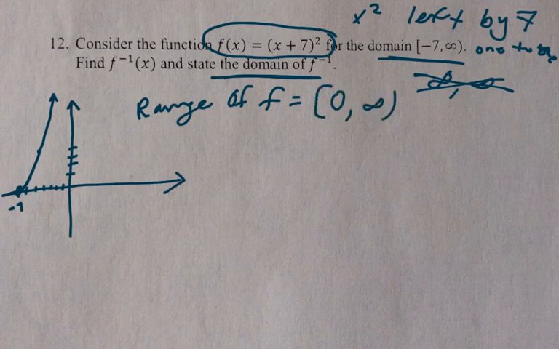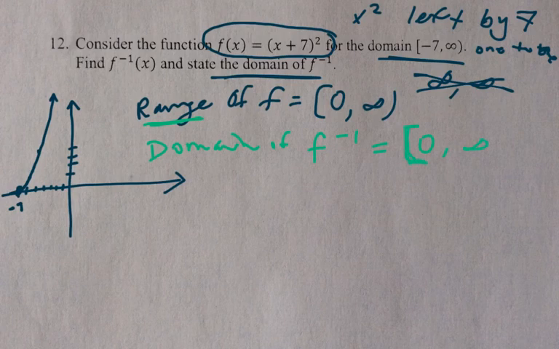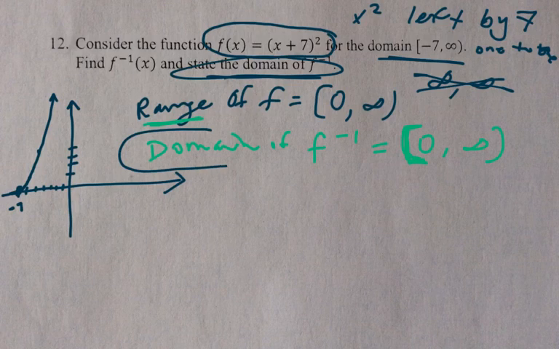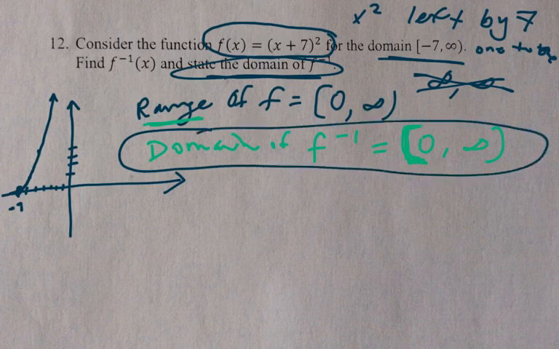And that's going to help us, because if the range of the function is this, then that means that the domain of the inverse is equal to that. Okay, so we've already answered this part. The domain of the inverse is going to be equal to the range of the original function. So we've already answered that first part.